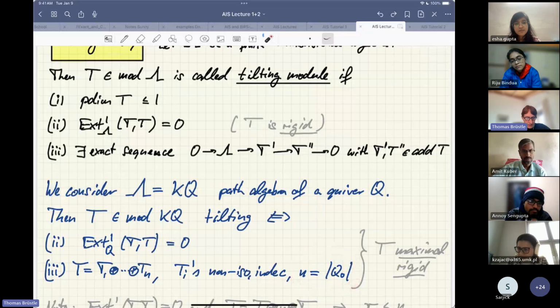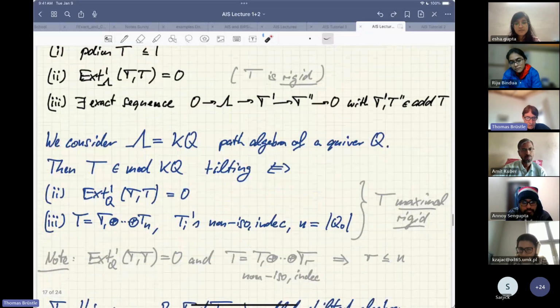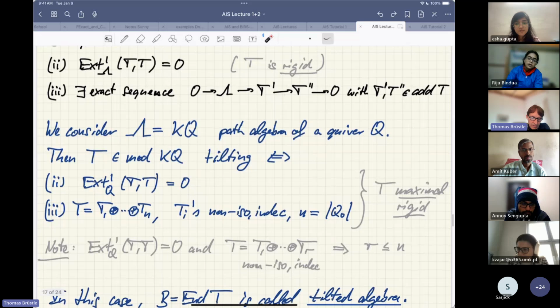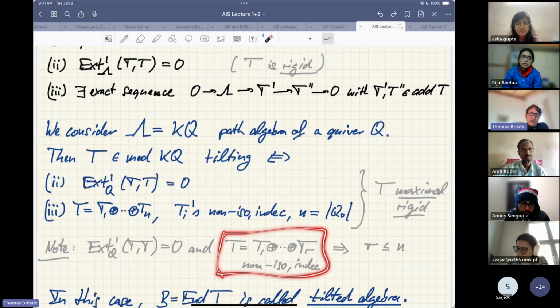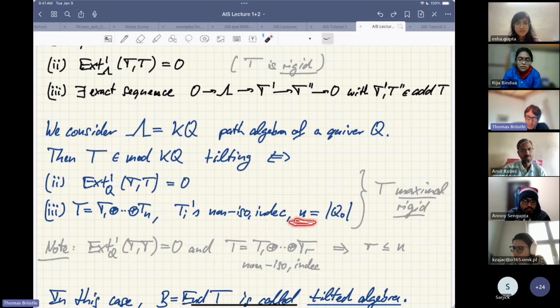And note that whenever I have a module which is rigid and I write it as a sum of r non-isomorphic indecomposables, then this number r is bounded by n. So n is the maximum possible value here. And if I reach this maximum possible value, then I satisfy that property.